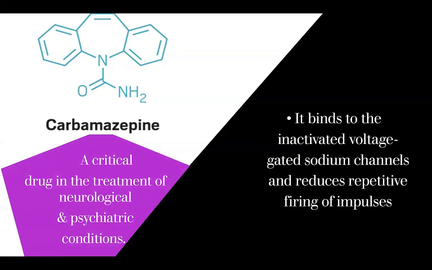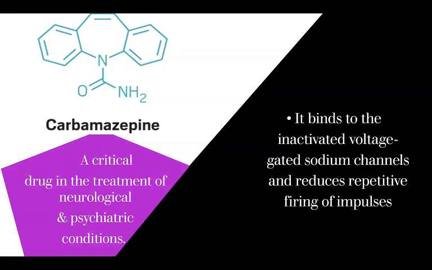Again, if these repeated firing of impulses conduct pain impulses, then by blocking them, we are also able to address the pain. If the repeated firing of impulses are the reasons why the person is in the manic phase of the bipolar disorder, we address that and the person's mood is normalized.